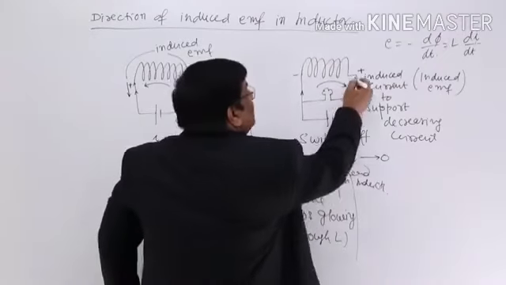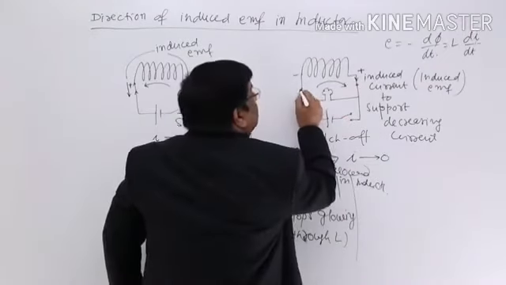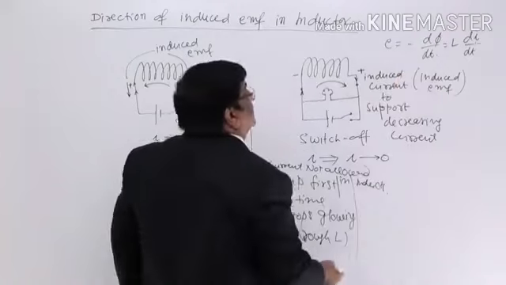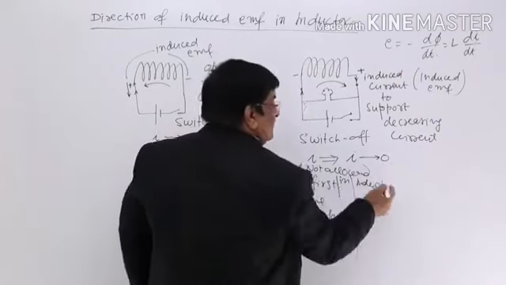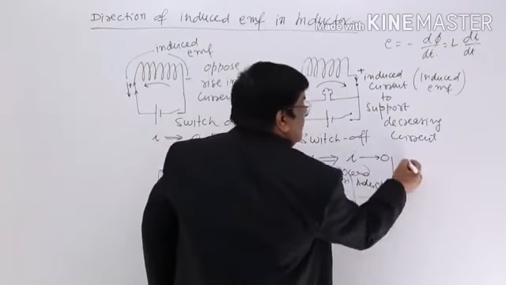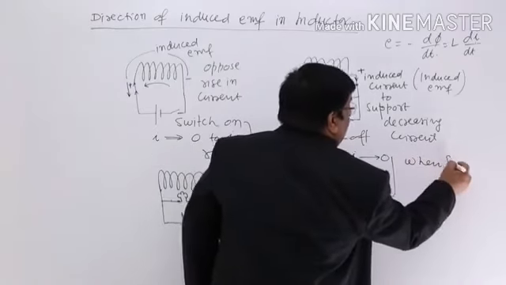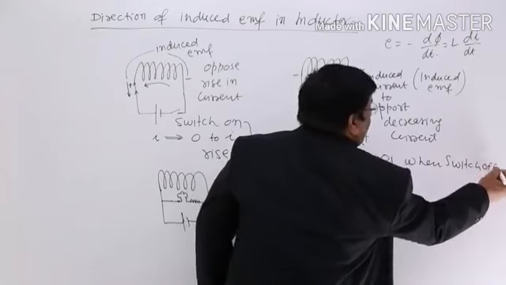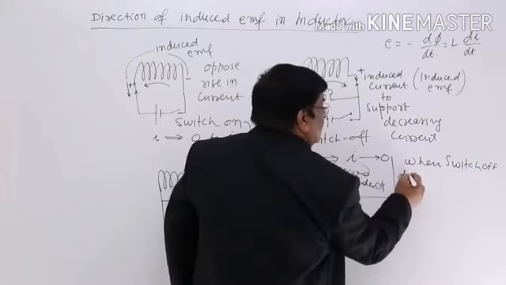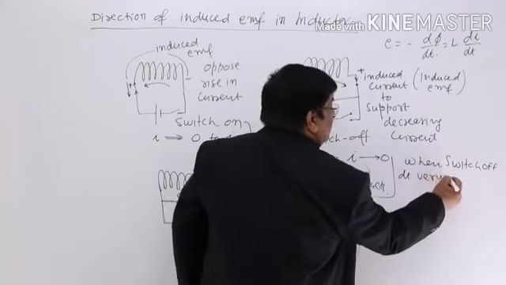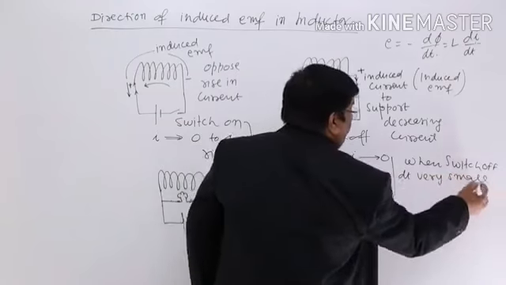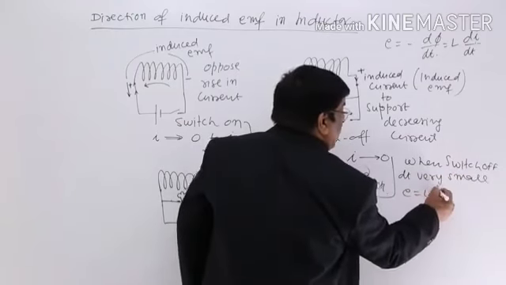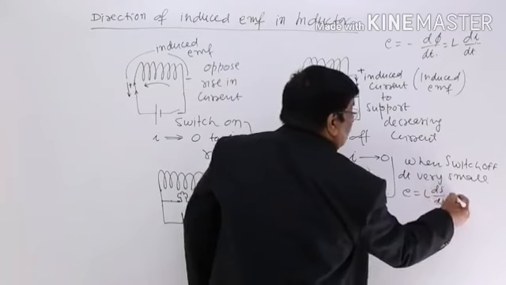And we find that in the two ends, the induced EMF is very, very high. When switch off, dt very small, E is equal to L di by dt very large.